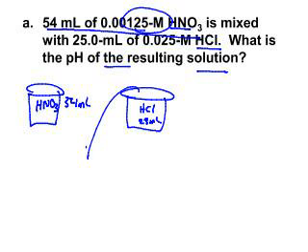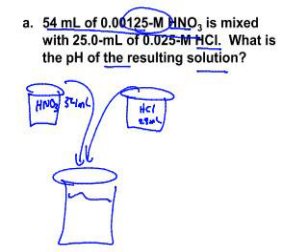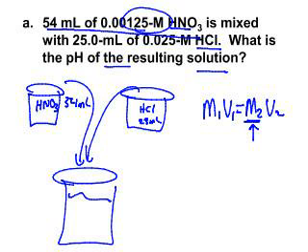I'm going to pour them together into one beaker, giving a mixture of two different strong acids. When you do this, we're going to dilute the acid, so we have to use M1V1 equals M2V2 to find the final molarity, the M2, of each acid separately.